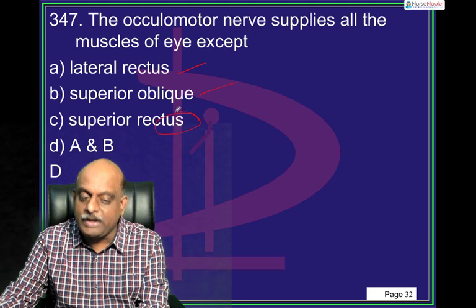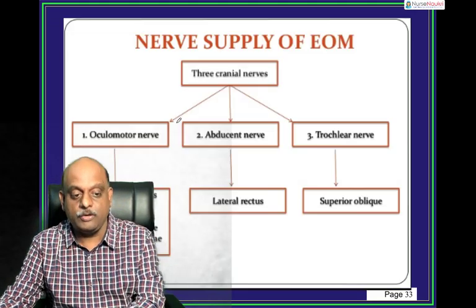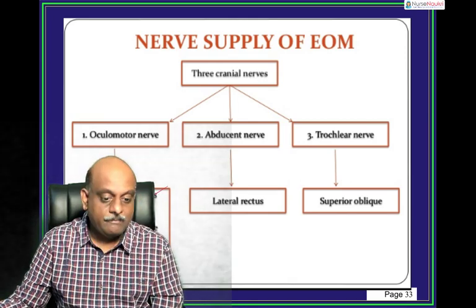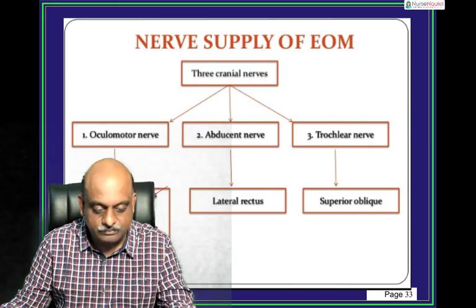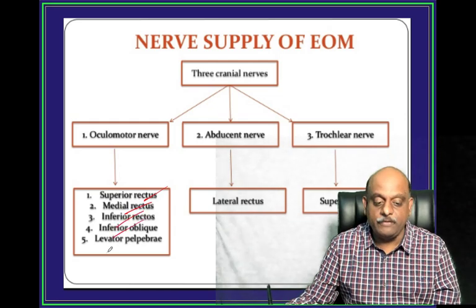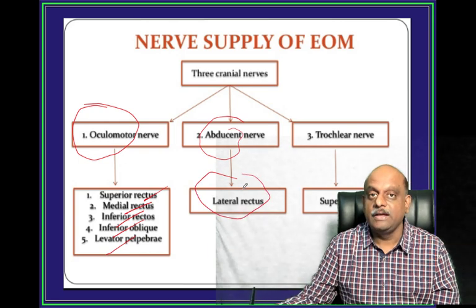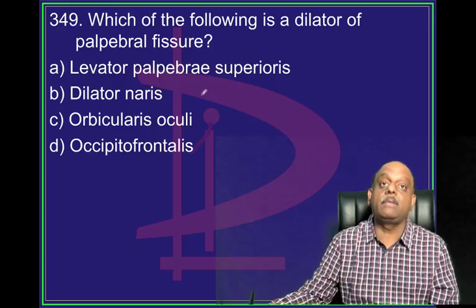So you should remember superior rectus, medial rectus, inferior oblique, and levator palpebrae are all oculomotor. Abducens is the lateral rectus and trochlear is the superior oblique, is what you need to remember.